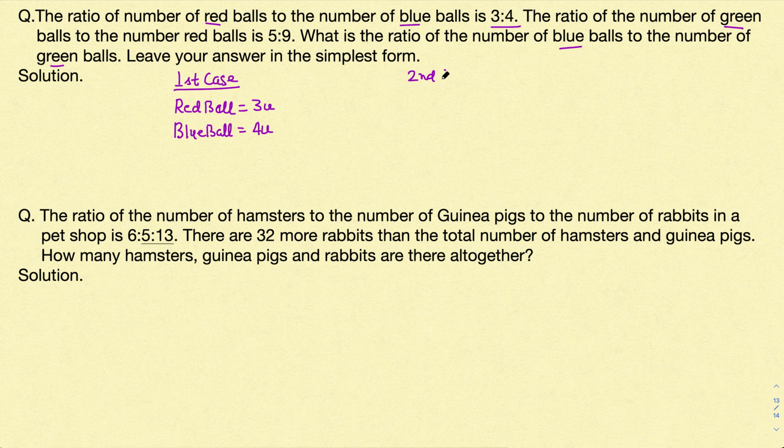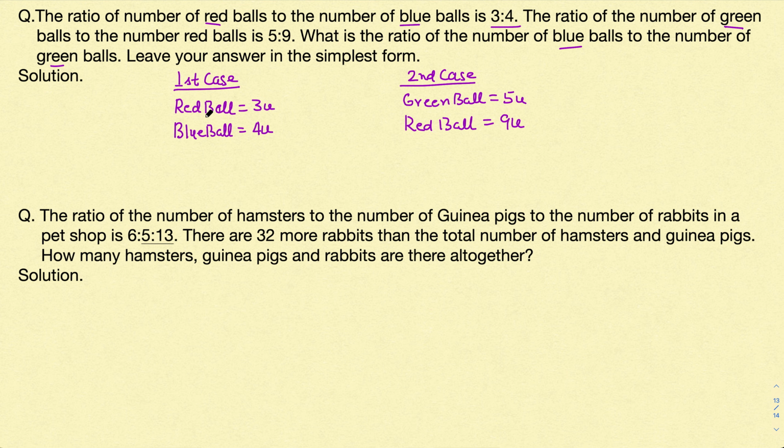In the second case we have green ball first. So green ball is 5 units and the red ball is 9 units. You can see here in both the cases we have red balls.